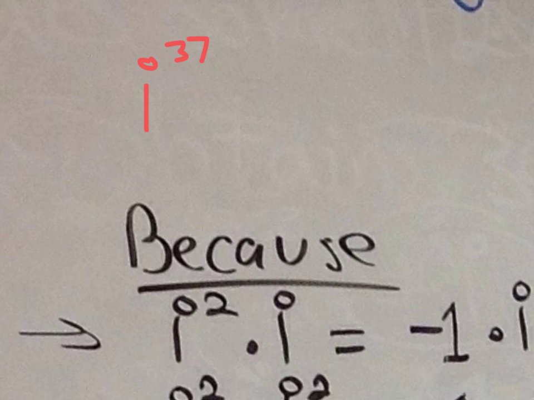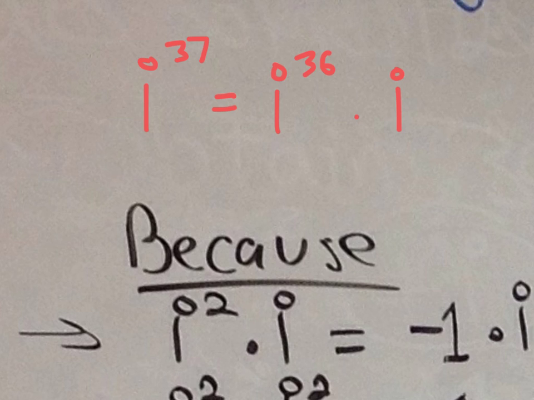Okay, so i to the 37th power. If I think 4 times what gets me close to 37? 4 times 9, right? But 4 times 9 is 36, so what's my remainder? 1. So think about this. I could rewrite i to the 37th as i to the 36 times i to the 1.